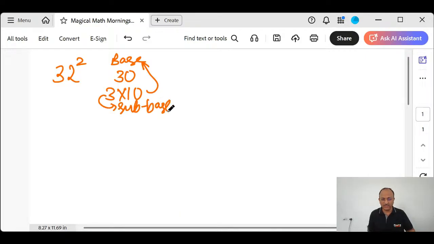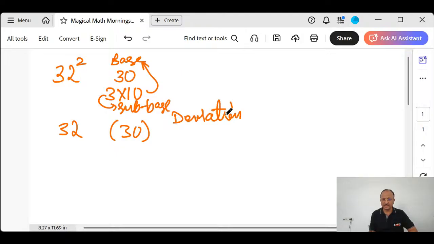You remember one trick we learned for multiplication already using this? Now, we will write this 32 as a difference from this original base. So 32, if you take 30 as the base, what is the deviation? It is plus 2.